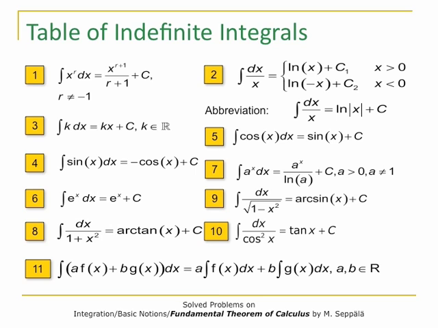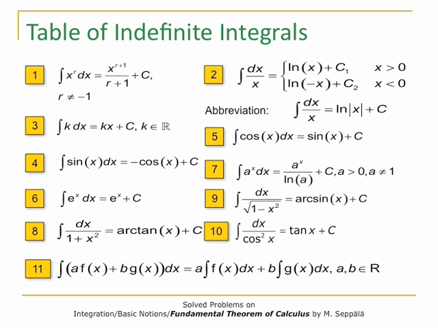This constant of integration is not really a constant, it is only a constant on each interval of definition of the function to be integrated. In this case, these intervals are x greater than 0 and x less than 0.